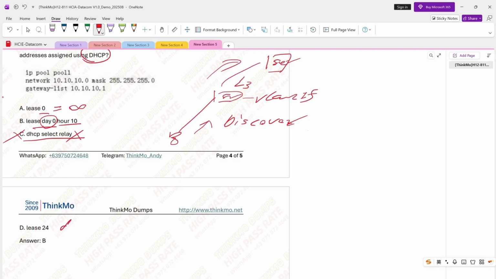The first parameter is day, the second parameter is hour, the third parameter is minute. Right? First hours, then minutes. So which one is the shortest? B is the shortest. The correct answer is B.